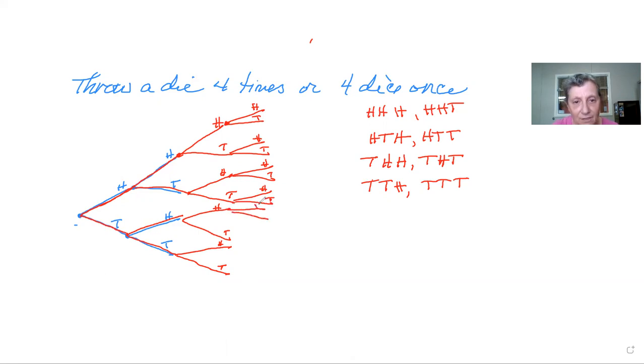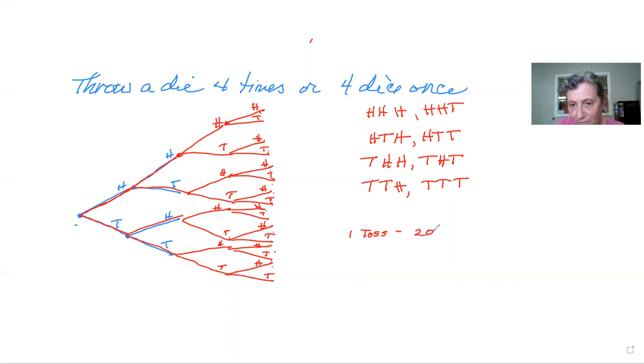I'm going to squeeze this in, head or a tail, head, tail, head, tail, head, tail. So after 4 tosses, we now have 1, 2, 3, 4, 5, 6, 7, 8, 9, 10, 11, 12, 13, 14, 15, 16.